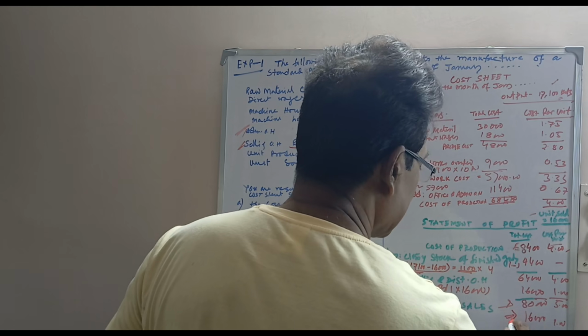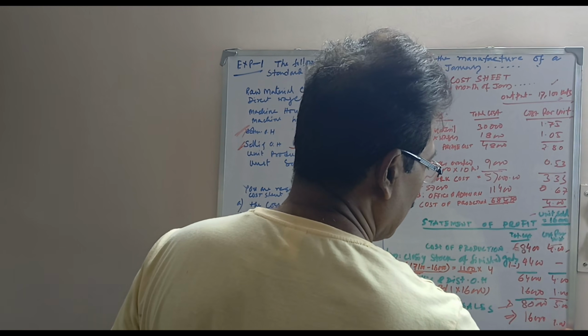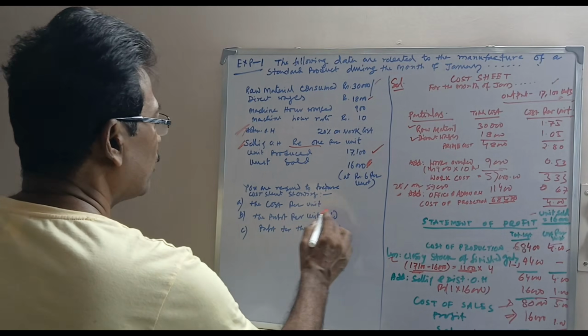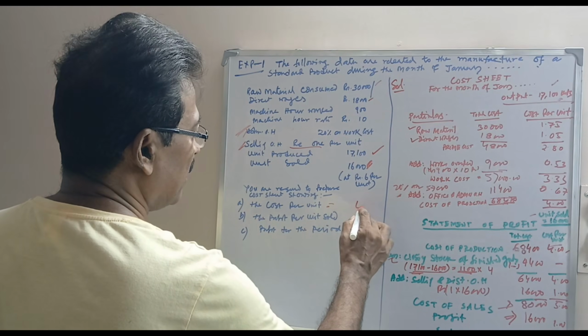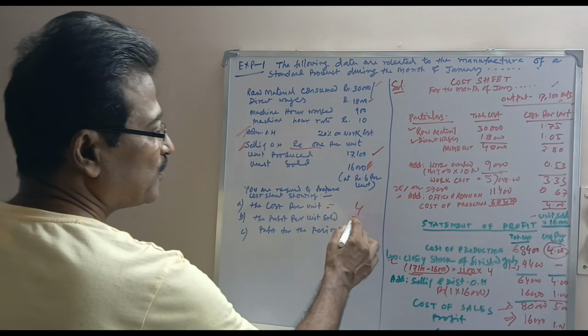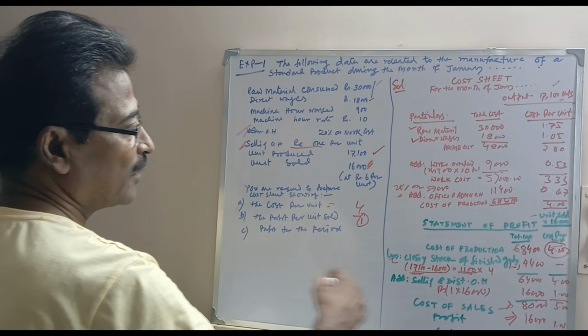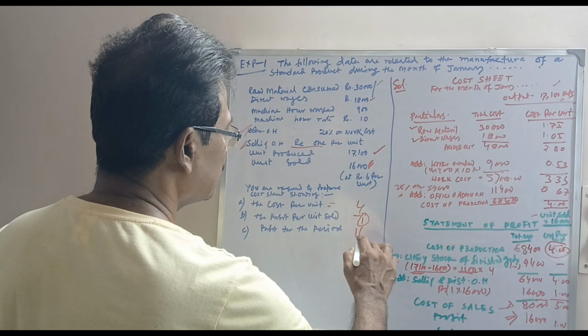Then the balancing figure is the profit, 16,000. And 16,000 by 16,000, that is 1 per unit. So the cost per unit comes out to 4 in production. Profit per unit is 1, and profit for the period is 16,000.